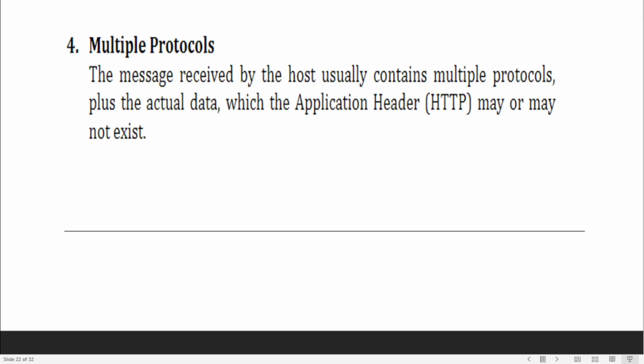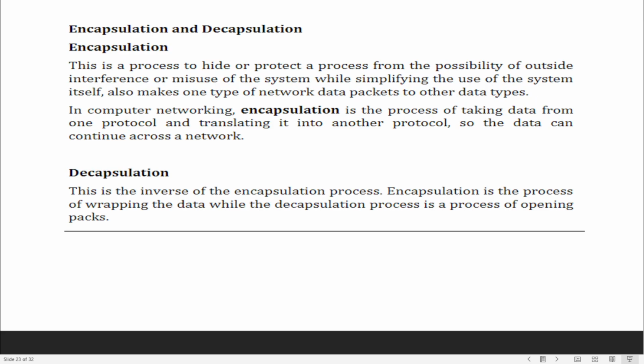Next, we have multiple protocols. The message received by the host usually contains multiple protocols plus the actual data, where the application header may or may not exist. So here's the definition of encapsulation and decapsulation. Encapsulation is the process to hide or protect a process from the possibility of outside interference or misuse of the system while simplifying the use of the system itself.